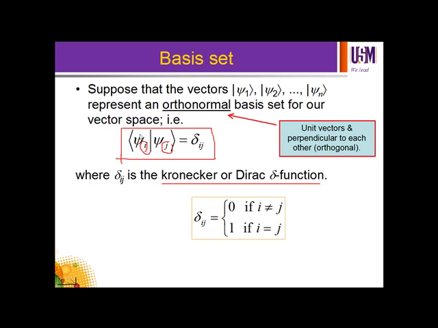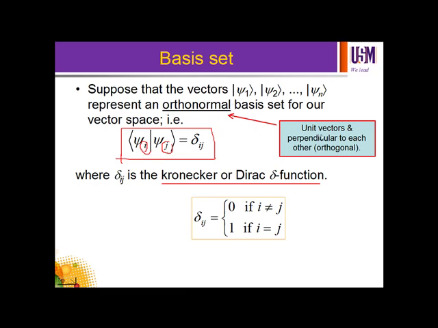That means you are doing inner product manipulation of the same vectors. For example, psi 1 inner product with psi 1 should be equal to 1. This is just for us to remember.